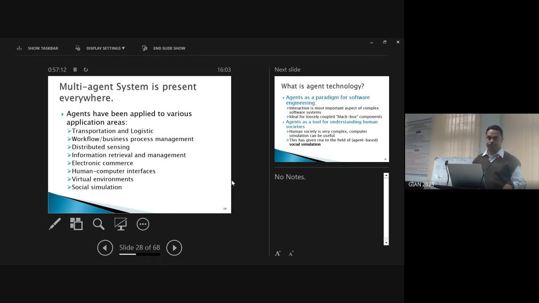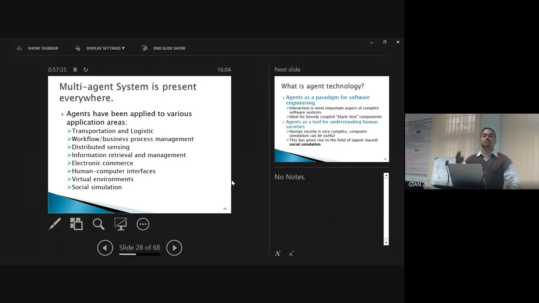Or what is the minimum number of sensors that will be installed in an environment to sense the maximum possible area? Or in a particular moment, which of the sensors will be active? Because the sensors are power sensitive.